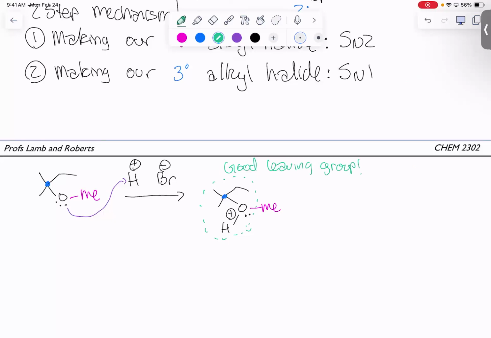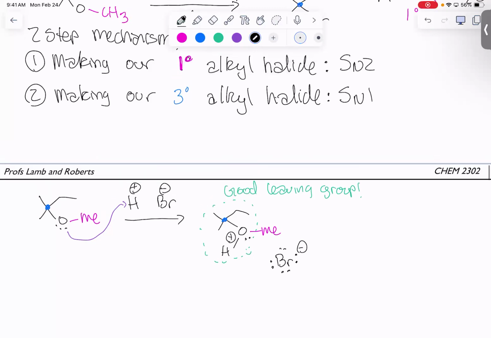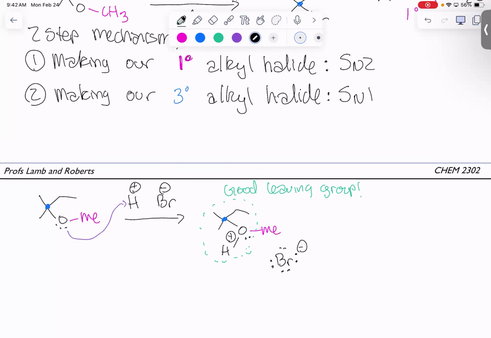All right. So in this mechanism, we have our protonated ether here. What I didn't draw yet is our bromide. All right, we have a bromide as our counterion that's negatively charged. Now let's think about, we said this first mechanism is just an SN2 mechanism.